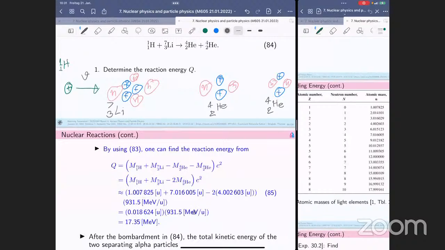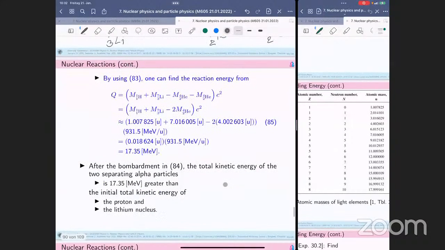The kinetic energy is reduced, not increased. Okay, these two alpha particles have less kinetic energy because the left-hand side is greater, right? So the released kinetic energy here should be less than the kinetic energy at the input side.